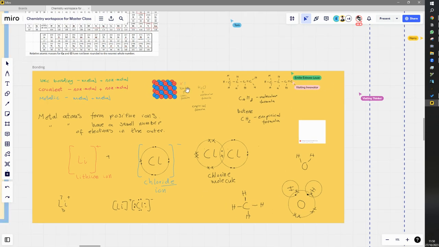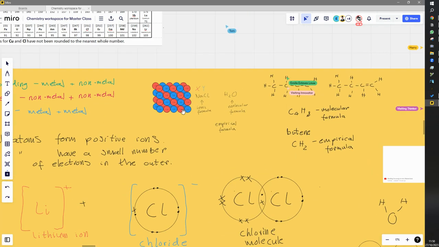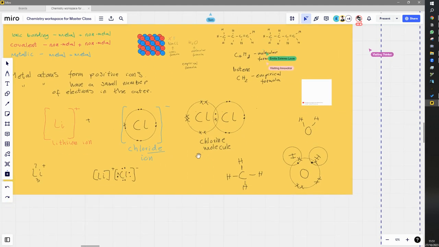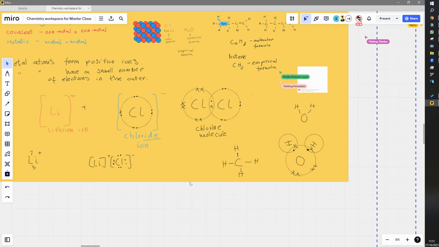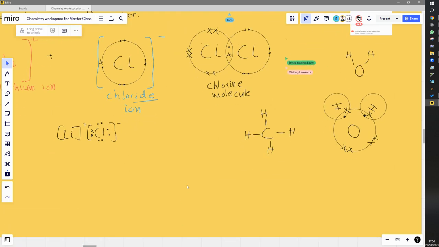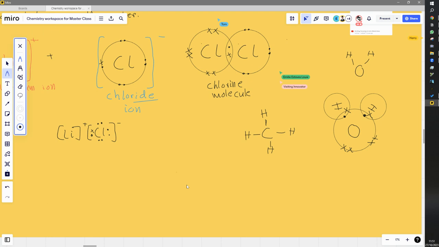Now there is one other thing. I'd mentioned lattice in ionic lattices. You can actually have a giant covalent lattice, and an example of that would be diamond or graphite. If we think about what a lattice is, it's where it's not really complete. It could always carry on.